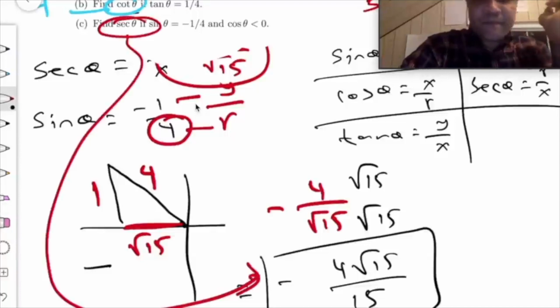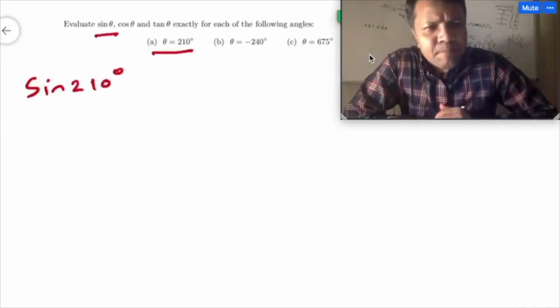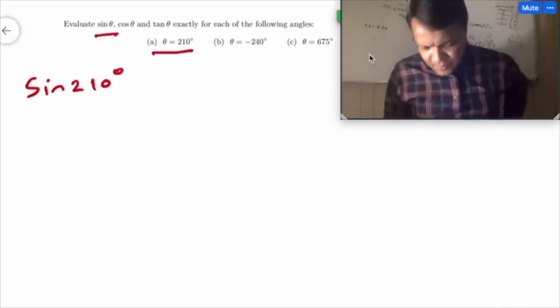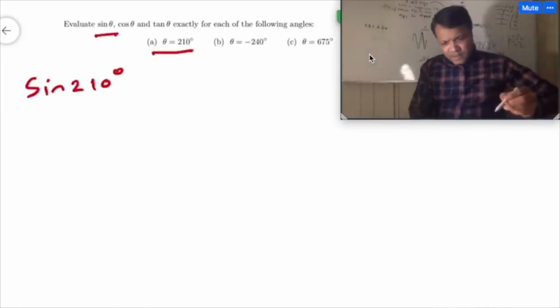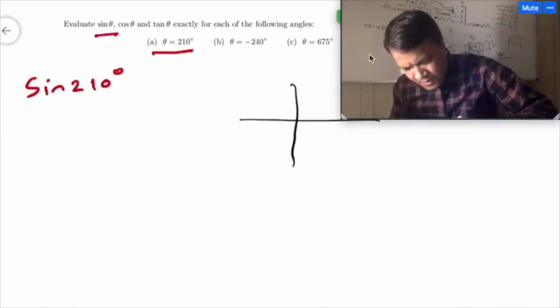Find sine theta, cosine theta, and tangent theta exactly for each of the following angles. Let's first find sine 210 degrees. What do we know about sine 210 degrees? Let's see what quadrant it falls in. Sine 210 falls in the third quadrant.